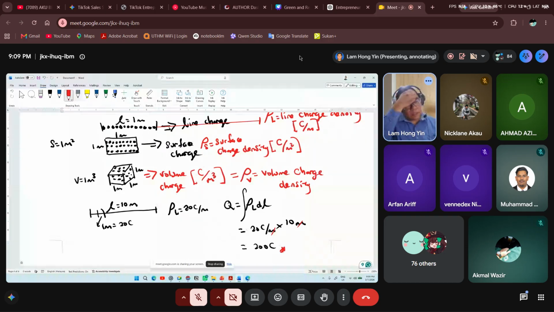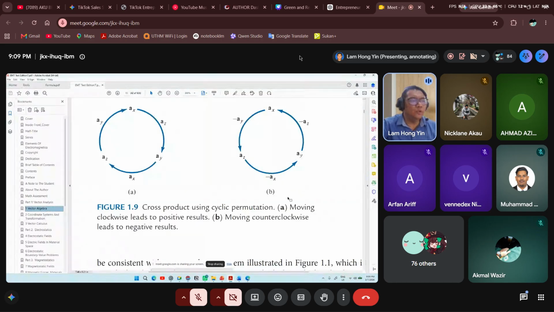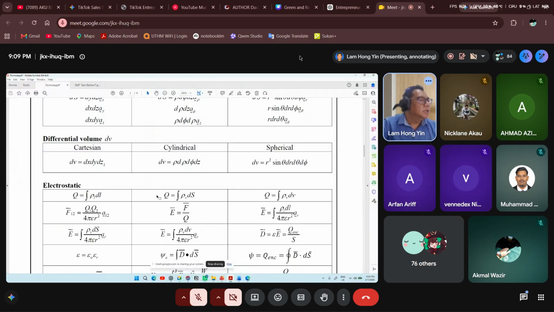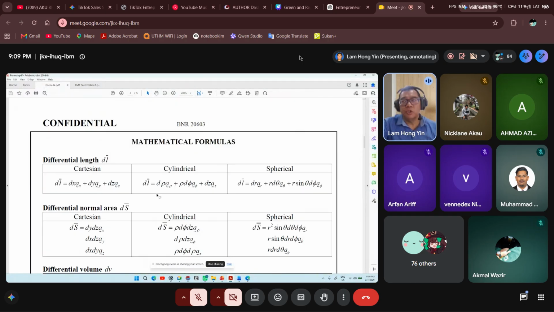Okay, let's take a look at the formula, right? Being given to you the formula. This is the examination formula which was introduced to you during test 1 and test 2, and we will give the same thing to the final exam, right?